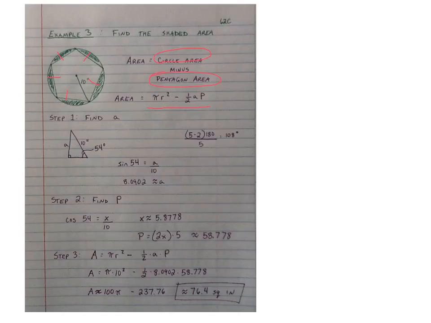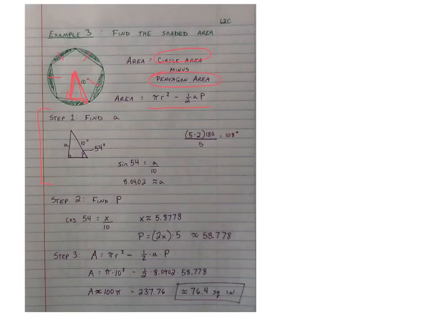So in step 1, I found the pentagon area, or actually just the apothem, and I did that by first looking at a triangle with a length of 10 inches on the hypotenuse. I calculated the angle. Notice 5 sides minus 2 times 180, and then we divide that full distance by 5.